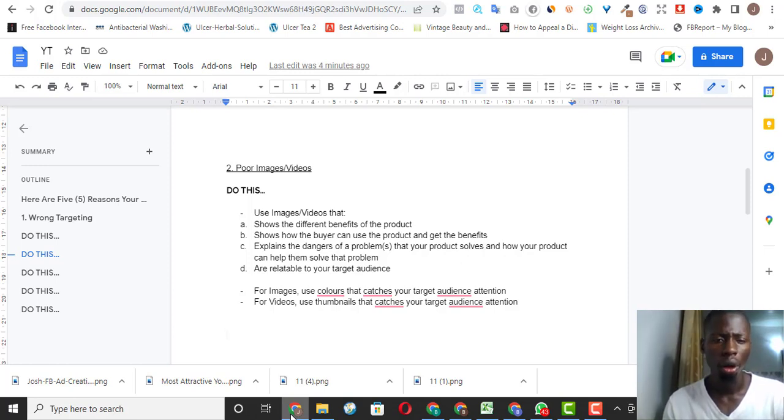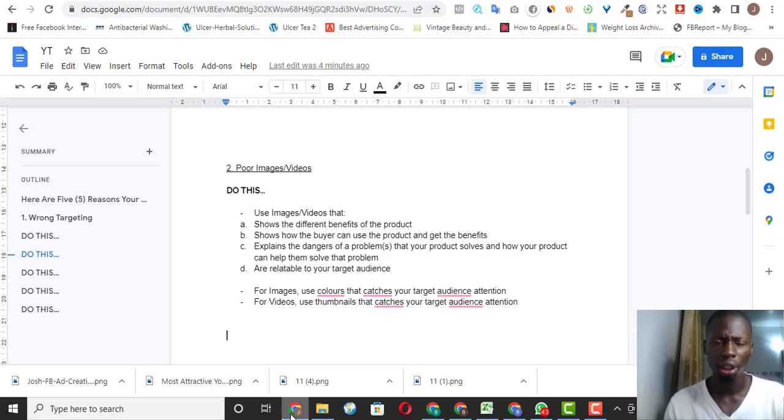Okay, so now what I want you to do is this. First, always make sure that you shoot videos or images that show different benefits of your products. So if your product can help people do one thing or another, like the yam pounder, that product can be used to blend tomatoes, pepper. It can also be used as a yam pounder. It can be used for grinding other food items in the house, like beans for moi moi or beans for akara.